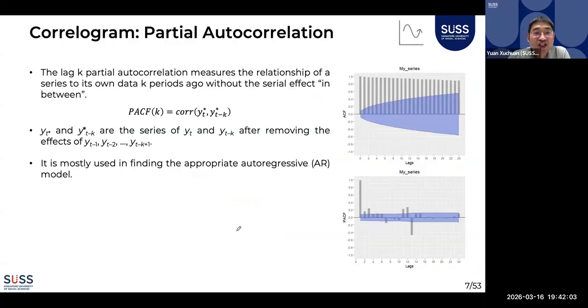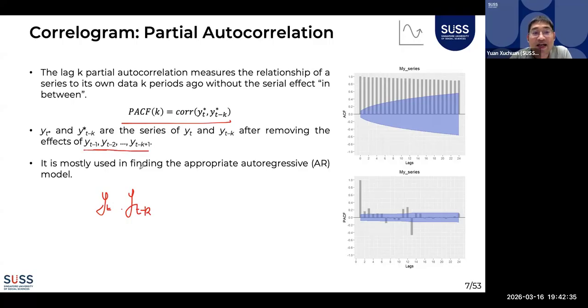So this is a partial ACF, right? Partial autocorrelation function with lag K. This partial autocorrelation means you want to remove the impact of the in-between values, because when you calculate the relationship between, for example, Yt and Yt minus k, in between you have Yt minus k plus 1, Yt minus k plus 2, up to Yt minus 1.